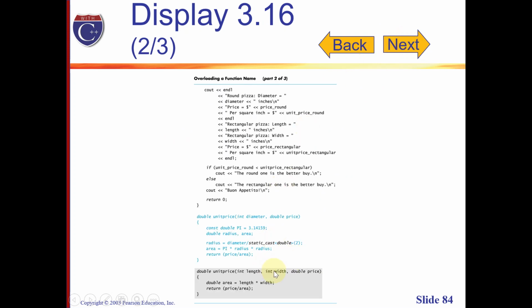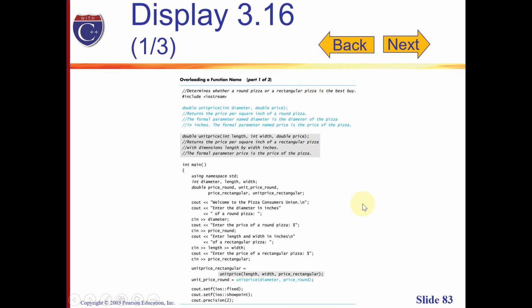We now have the new version of our function unit price, but this time we have three formal parameters, which means every time our compiler sees a function call which contains three arguments, it will look for the appropriate version of that function and use that.